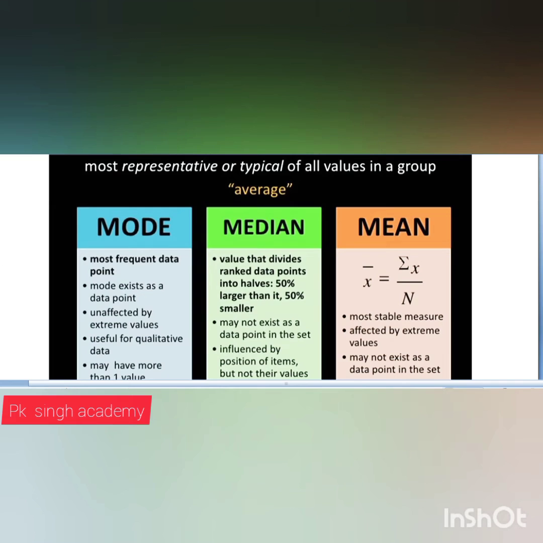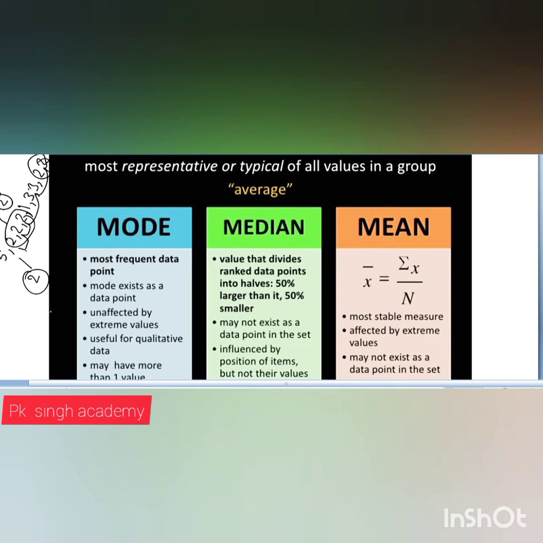For example, if I say 5 2 2 2 1 3 3 2 2, 2 is repeated many times. So the mode here is 2, because the data which has more frequency is represented as the mode.